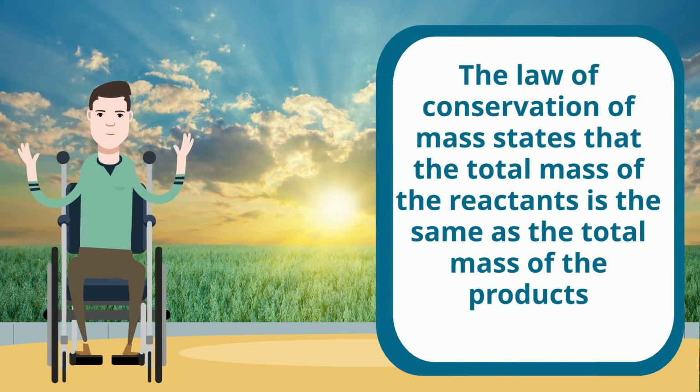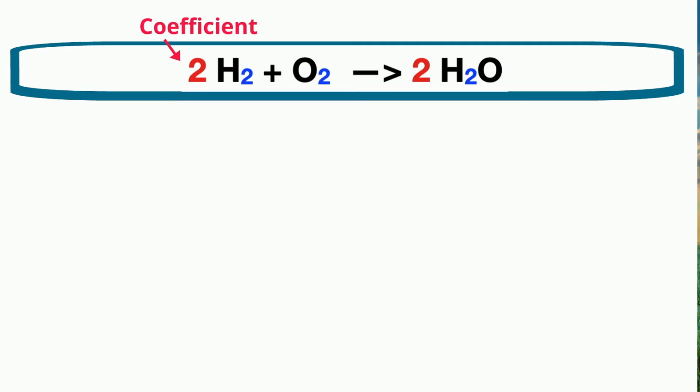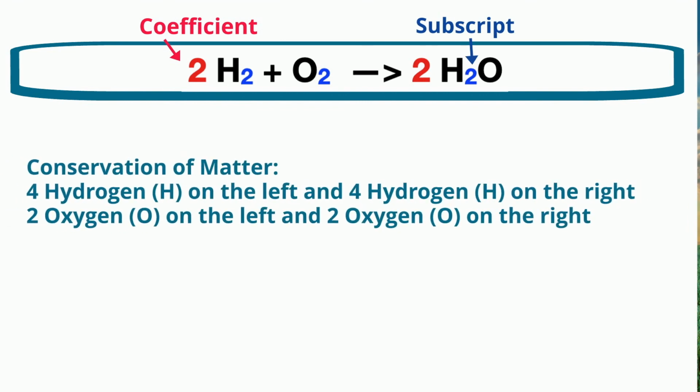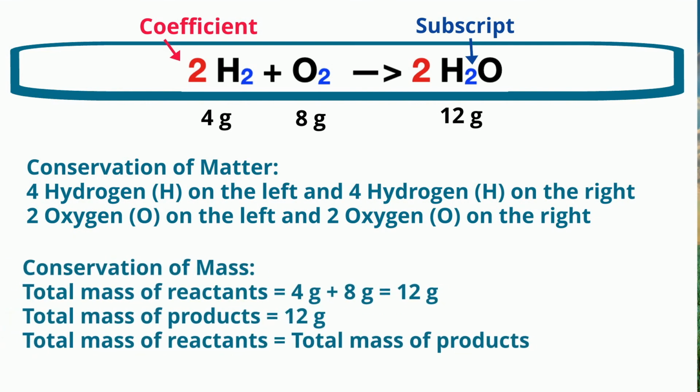The law of conservation of mass states that the total mass of the reactants is the same as the total mass of the products. Coefficients tell you how much of the molecule, a subscript tells you how much of the atom within a compound. And the conservation of matter shows that what you have on the left is equal to the right. The conservation of mass shows the total you have on the left equals the total on the right.